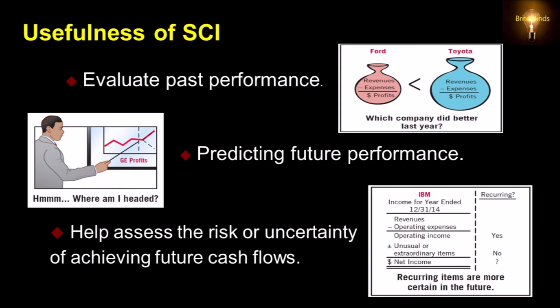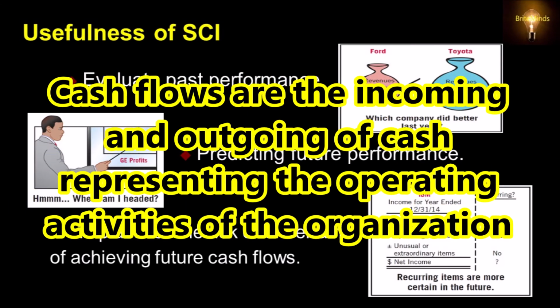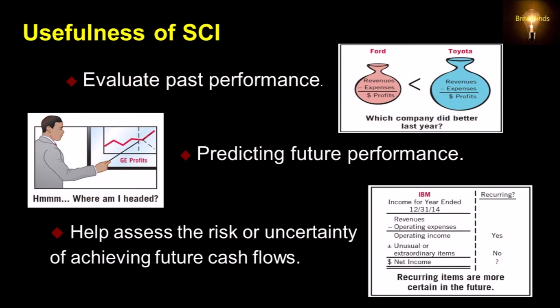And it helps assess the risk or uncertainty of achieving future cash flows. When we speak of cash flows, it means the incoming and outgoing of cash, representing the operating activities of an organization. So the statement of comprehensive income helps in assessing the risk or uncertainty of achieving future cash flows.